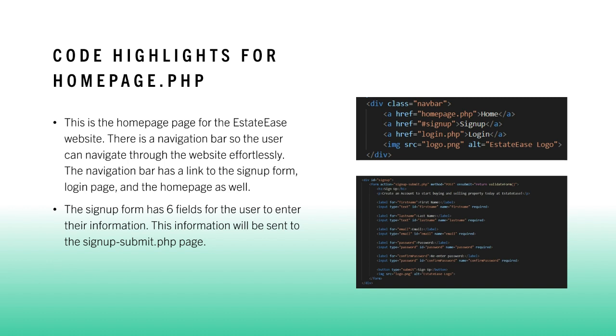The sign up form has 6 fields for the user to enter their information. This information will be sent to the sign up submit.php page. This information includes first name, last name, email, password, confirm password, and then the option to submit.